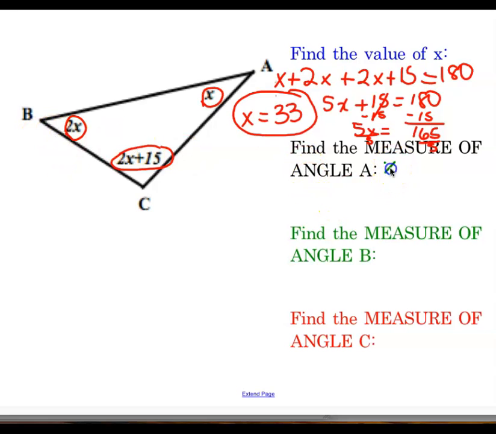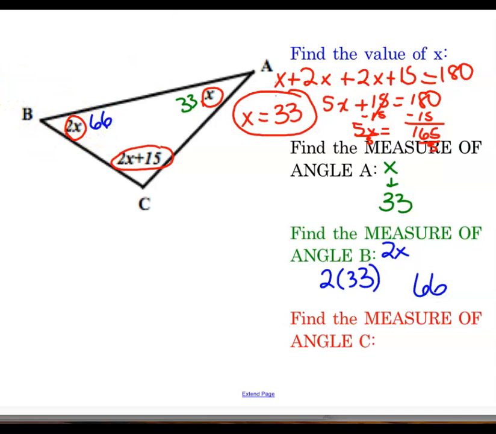So angle A was x, so that is just going to be 33. Okay, and I can put that over here. Angle B was 2x, so I do 2 times 33, and angle B is 66.